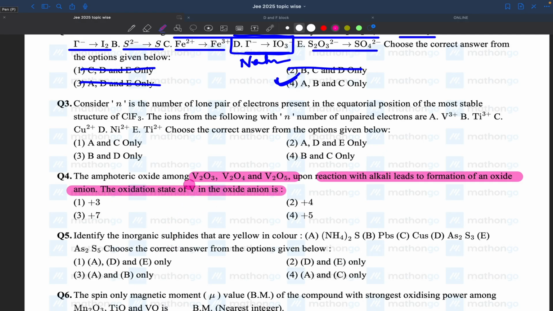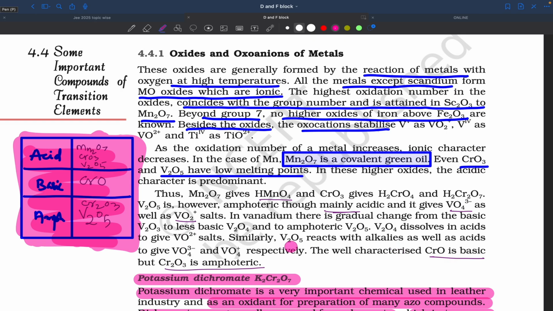The amphoteric oxide among these is V2O5. So when V2O5 reacts with alkali as well as acids, it gives VO4 3 minus and VO4 plus. The question asks for the oxidation number of vanadium in this. Tell me, what does vanadium's oxidation number come to? So x minus 8 equals minus 3, x equals +5.